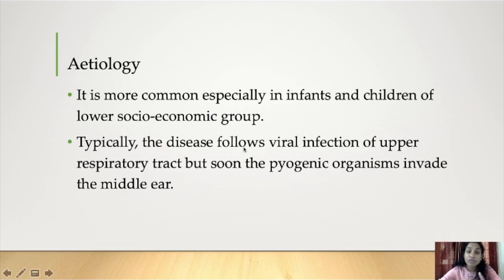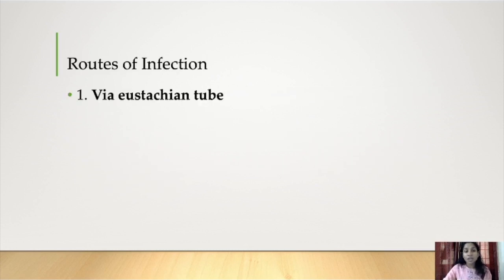Typically, this disease follows viral infection of the upper respiratory tract, but soon the pyogenic organisms invade the middle ear. So first it will start as an upper respiratory tract infection, and then it will invade the middle ear, mostly via the eustachian tube.